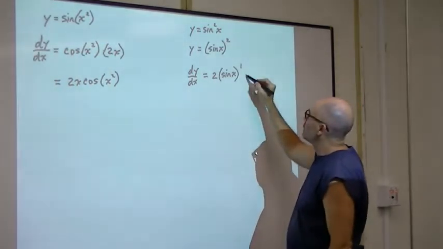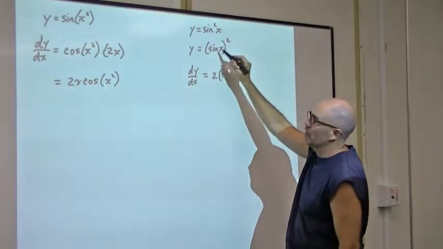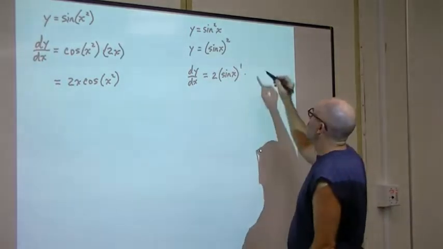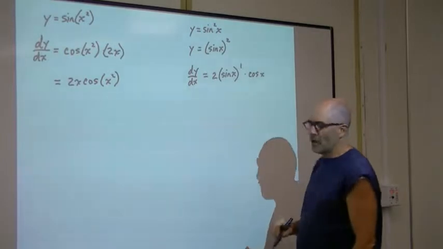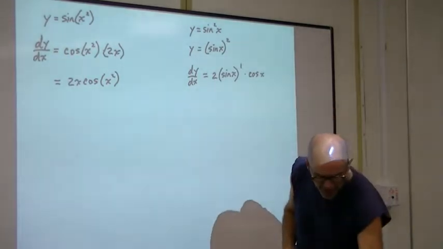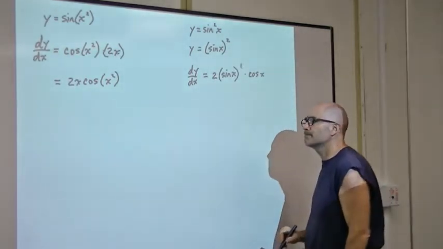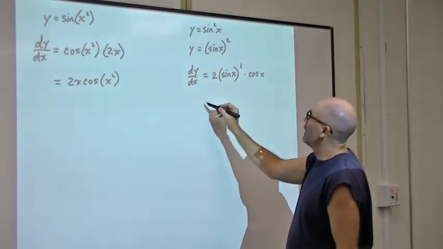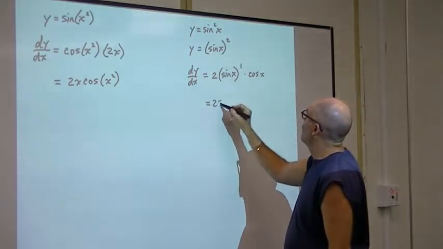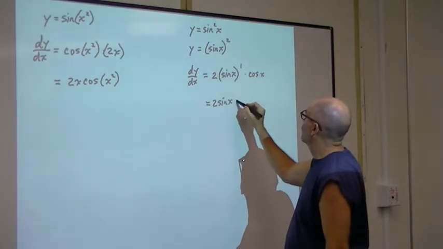Now what I have to do is multiply by the derivative of the inside, which is cosine x. So there is my chain rule again. Okay, so our final answer then is going to be 2 sine x cosine x.